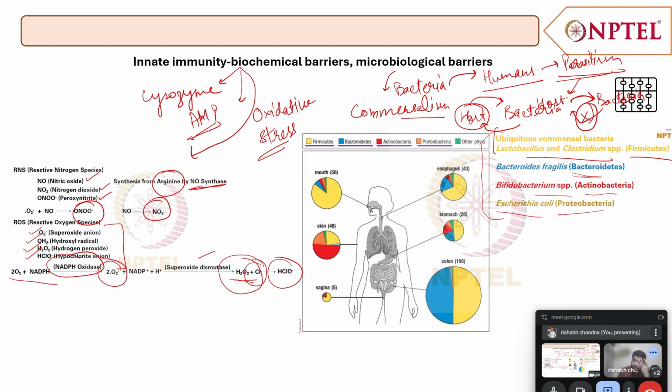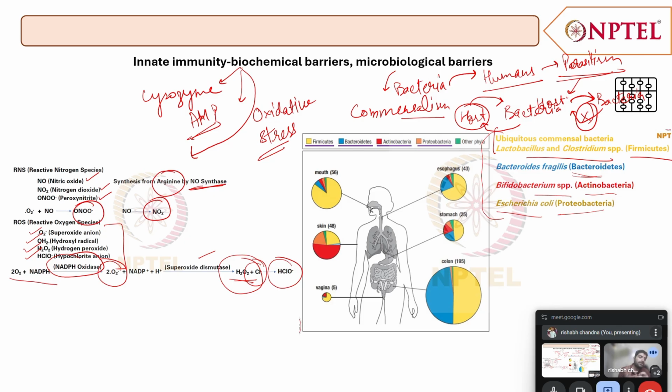Sometimes these bacteria, although they are inactive and don't cause any disease, can cause disease if their original environment is compromised. For example, in the gut, the mouth, and the tonsil region, if the microbe environment is compromised in any case.